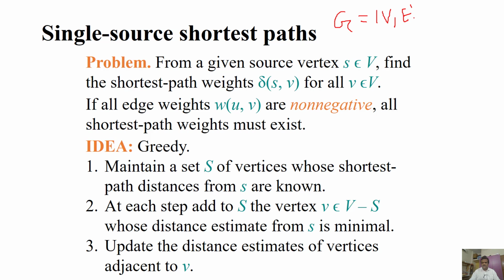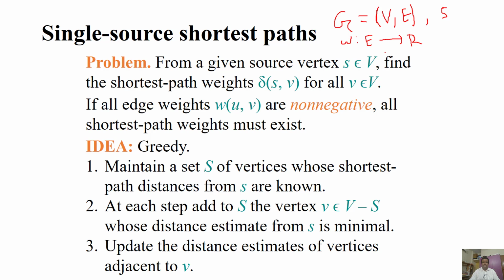This is the vertex set, this is the edge set, and we have W, the weight function, where each edge has some associated weight. And we are given s, a small s, which is a vertex, that is also input.